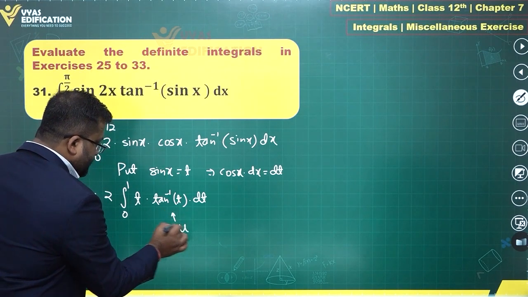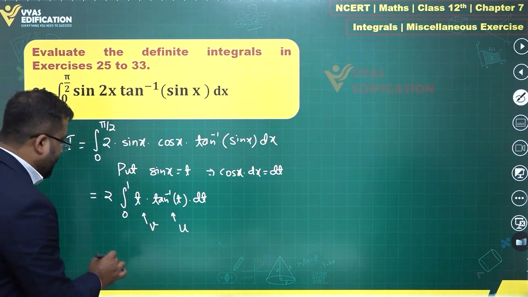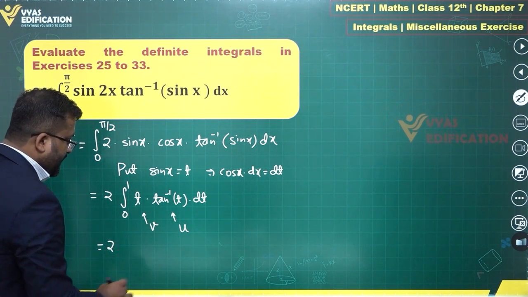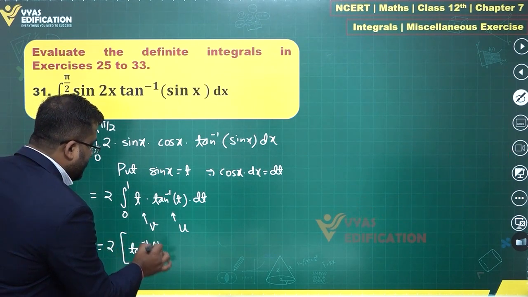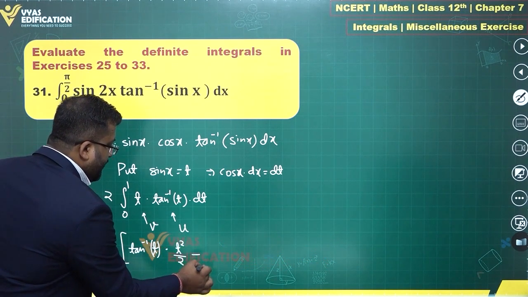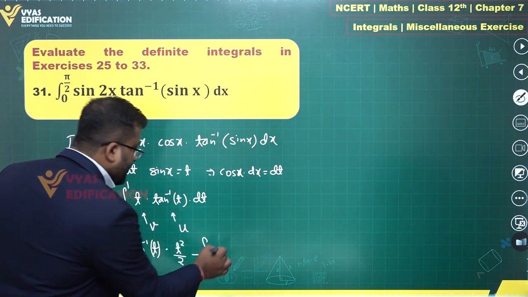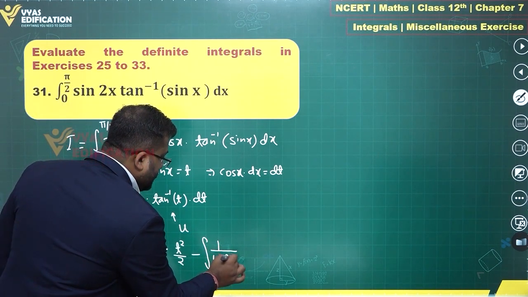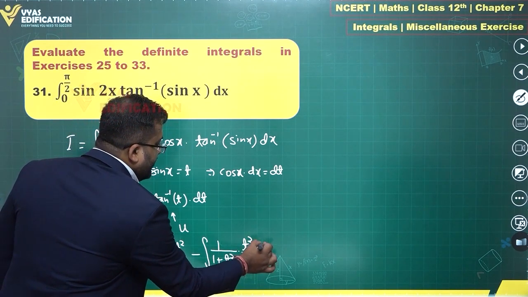Inverse will be taken as the first function. This t, algebraic, will be taken as the second function. Now we'll integrate. This 2 is okay. First function, tan inverse t, times the integral of the second function, which is t square by 2, minus the integral of the derivative of tan inverse t, 1 upon 1 plus t square, times the integral of the second function, t square by 2, dt.